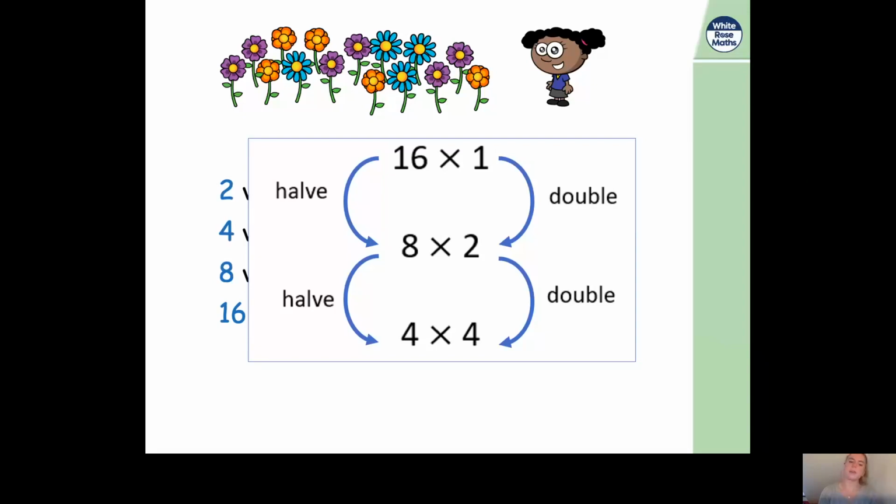Okay, so if we half 16, so we half the 16 vases to get 8 vases, then we doubled the amount of flowers that were in each vase because there were 2 flowers in each vase. And then again, if we half the amount of vases there are, so half 8, we get 4 vases. And look, we've then doubled the amount of flowers in each vase that there were when we had 8 vases. Fantastic.